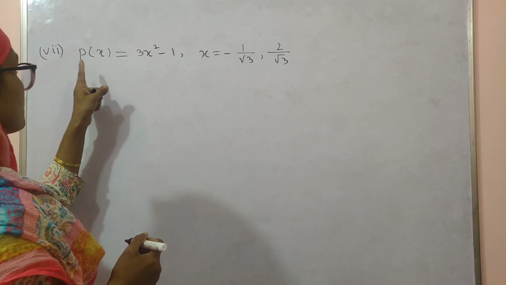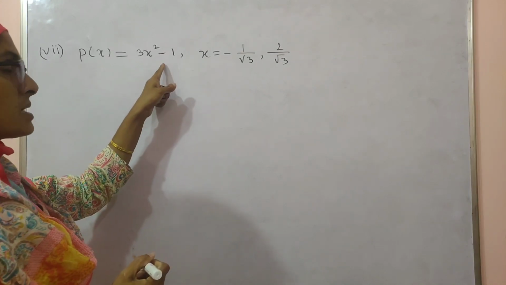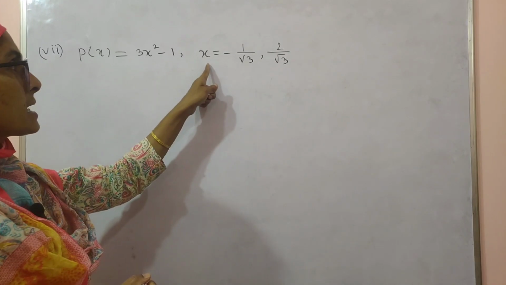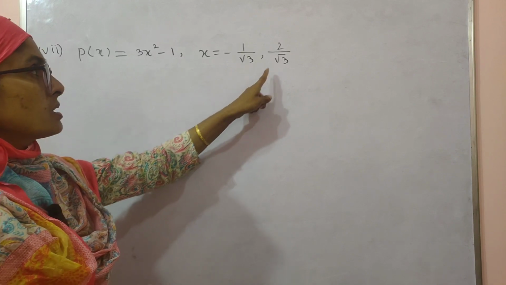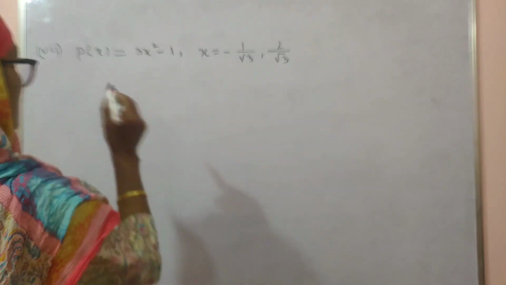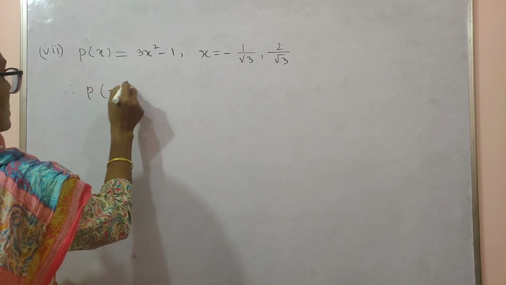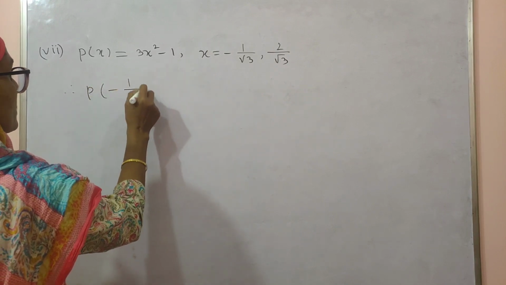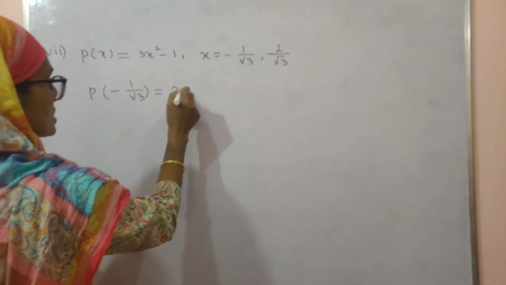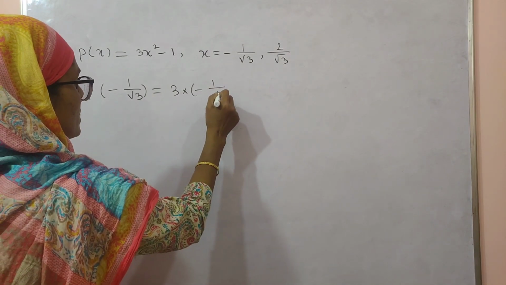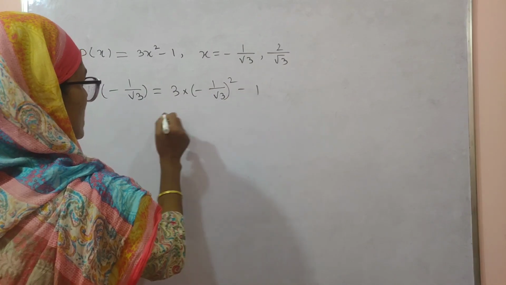Number 7, p of x equal to 3x square minus 1. Here given x equal to minus 1 by root 3, 2 by root 3. So put the value x equal to minus 1 by root 3. So 3 into minus 1 by root 3 whole square minus 1.